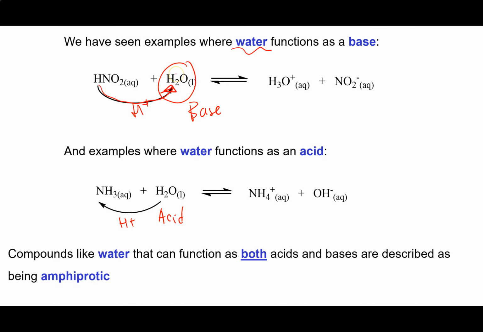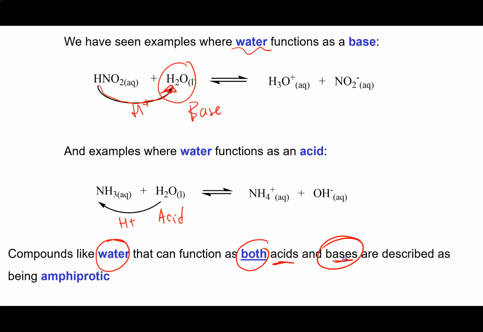We put these two things together, and there's a tug of war for the proton, and the one that is the stronger base gets it, right? So there are compounds like water that have the capacity to function as both acids and bases.